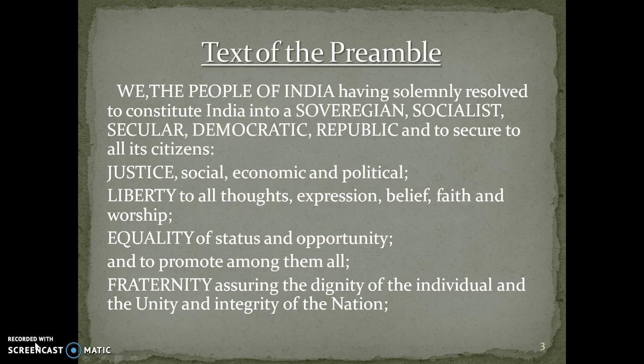Now, this is all about the preamble, and the preamble consists of different characteristics and features. First of all, I would like to explain sovereign. Sovereign means freedom. There is a boundary given to each and every nation.